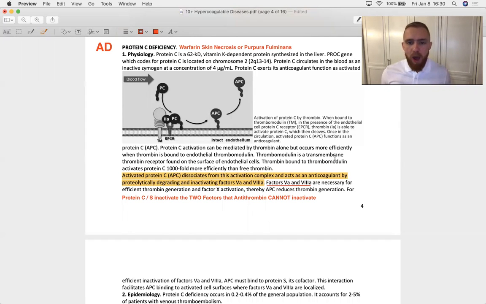That's why we typically give a heparin bridge whenever we want to start somebody on warfarin therapy, to defend against the clotting that comes along with protein C deficiency and protein S deficiency.